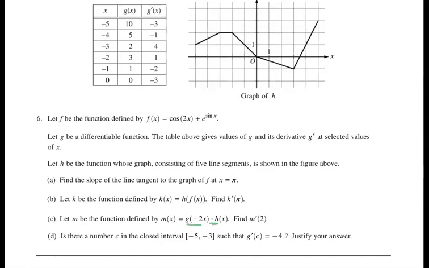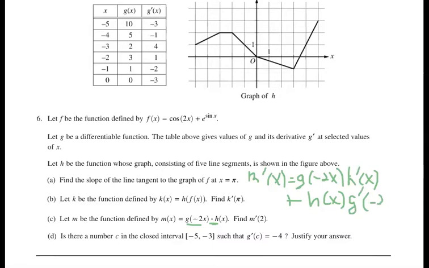So when I do M prime of x, I do the first term times derivative of the second term plus the second term times derivative of the first term, which will be g prime when the inside is the same, and the derivative of -2x, which is -2.